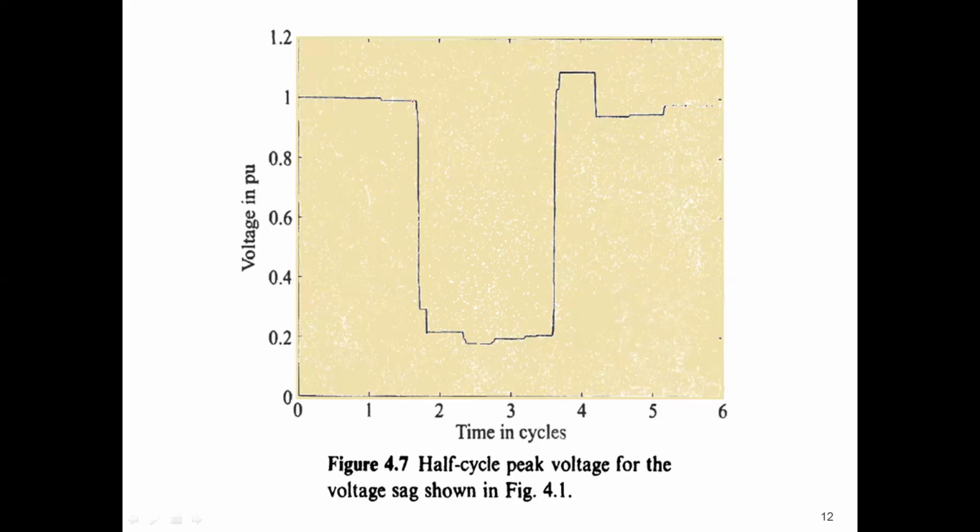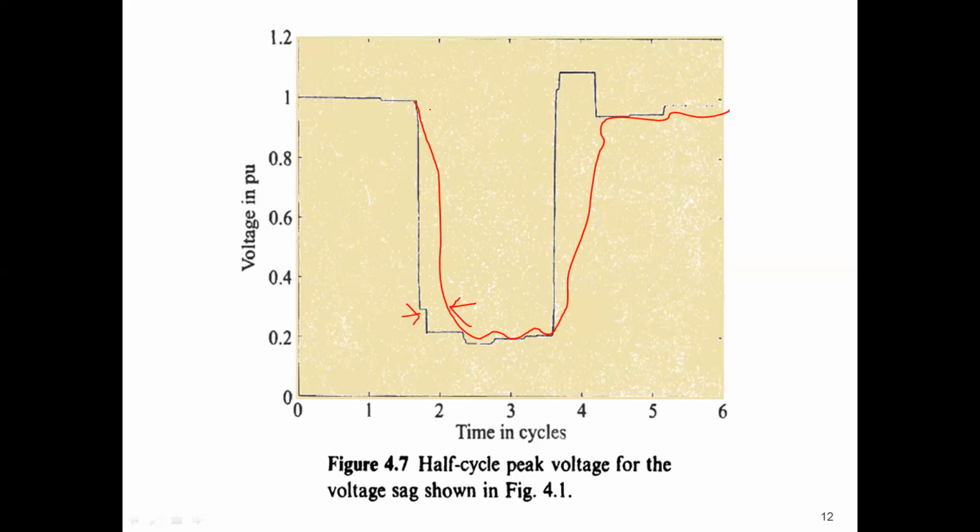Suppose this is the fault. What will happen is it's not actually coming down immediately, it's coming down like this. And once the fault is cleared, it's not immediately rising, it's slowly rising, and then it's reaching your 90% value. So here you can see the difference. This is the area we are talking about for peak, and this time lag is not available.